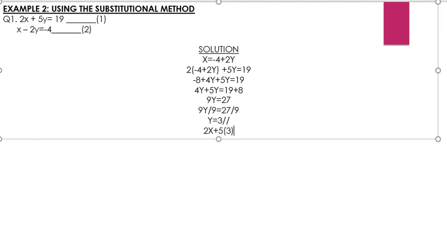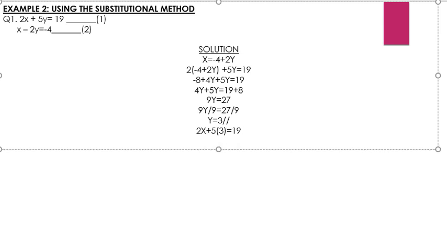Remember, we're looking for x now. So we have 2x plus 15 giving us 19.